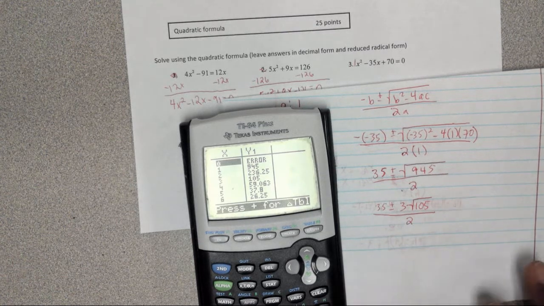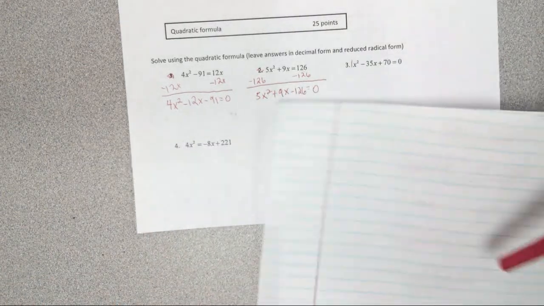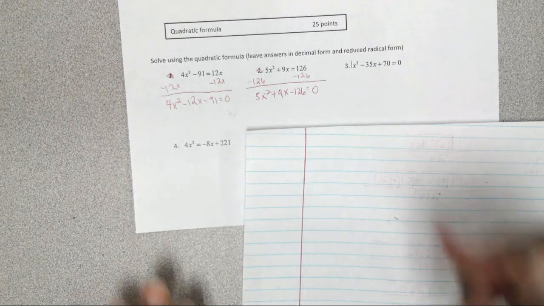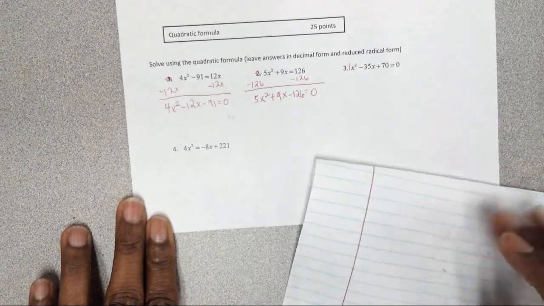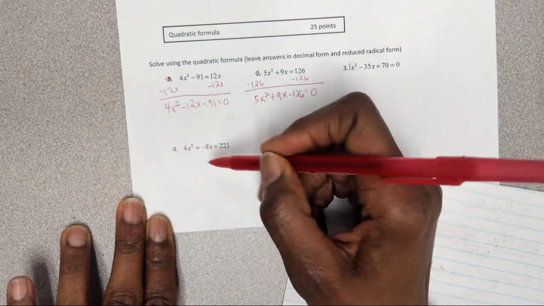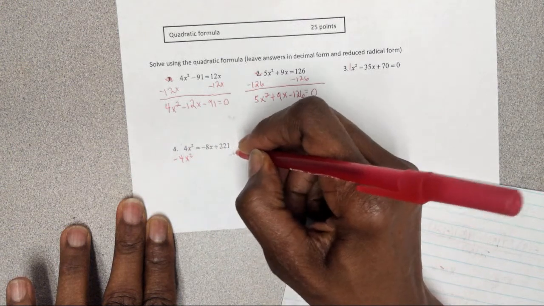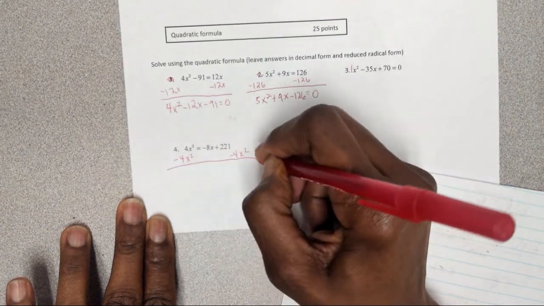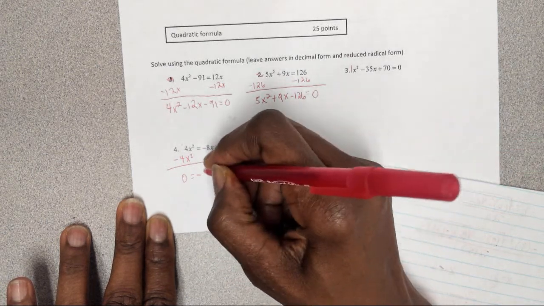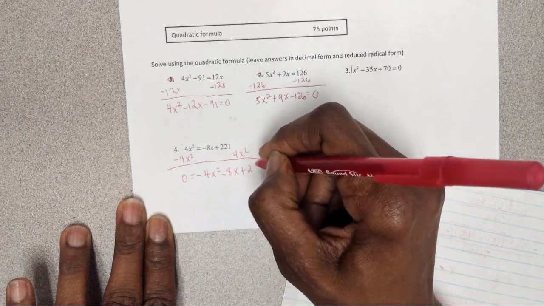Let's go to the next one. On number 4, again, we need to make this set equal to 0. So it's easier to put this over here than move these two over here. So I'm going to subtract 4x squared from both sides. I'm going to get 0 equals, putting it in order, negative 4x squared minus 8x plus 221.